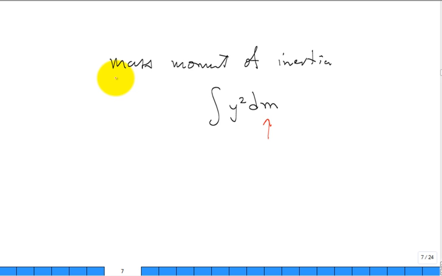I mean, it's the mass moment of inertia. All right. Who's really brave and can tell me what do you think the standard type of SI units for this term, this mass moment of inertia, might be? Meter squared kilogram.